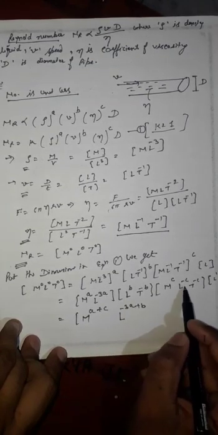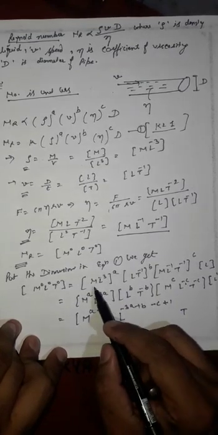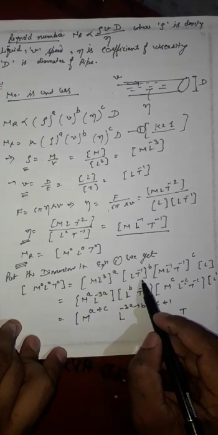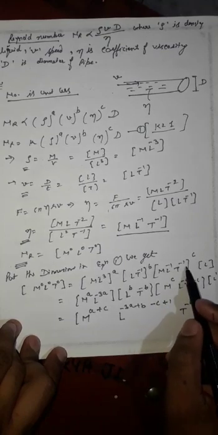For L: minus 3a plus b minus c plus 1. For T: minus b minus c. And the LHS is M^0 L^0 T^0.